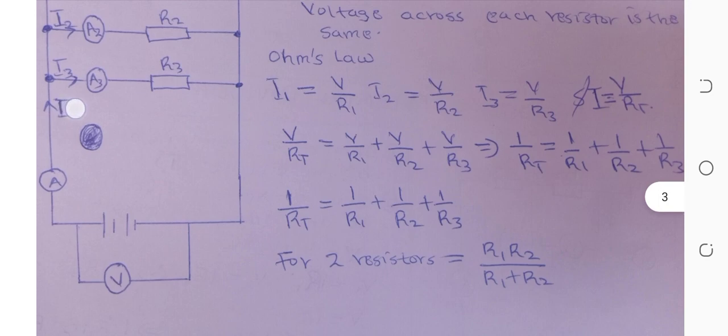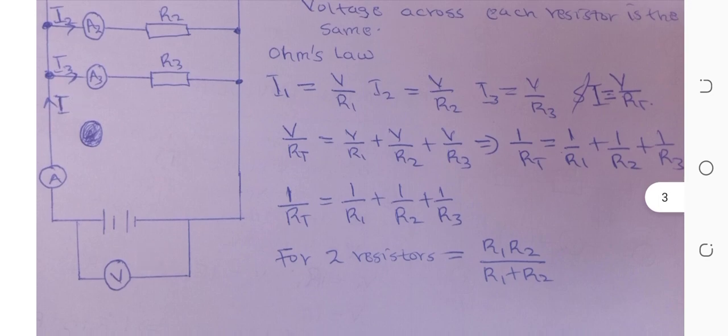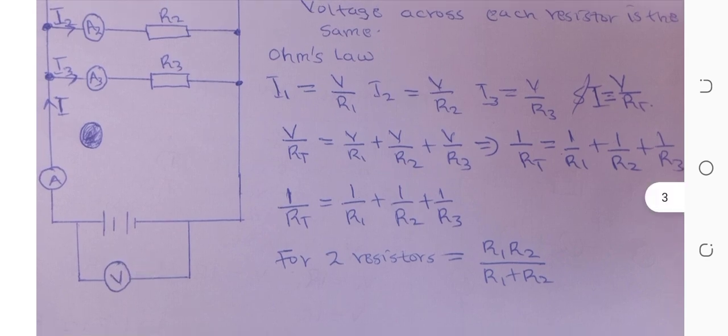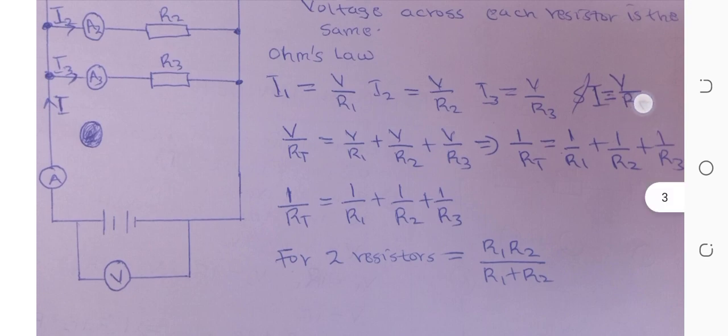Then this I is equal to V, the voltage supplied, divided by the total resistance, that is RT.